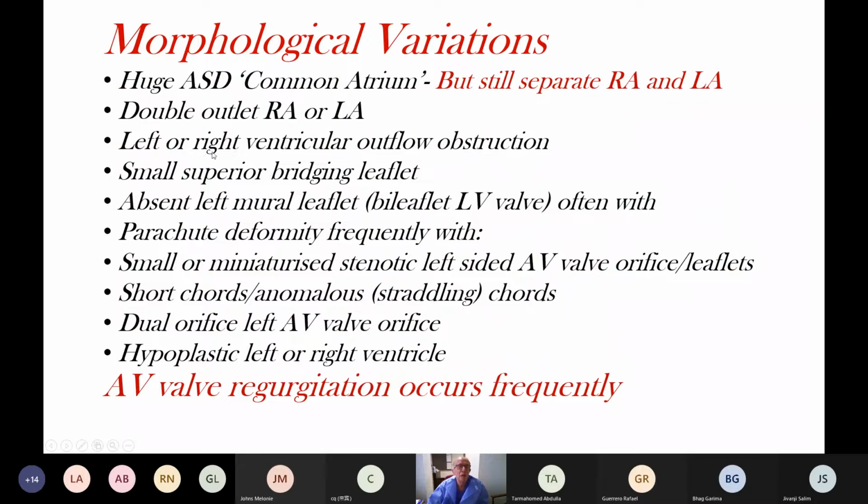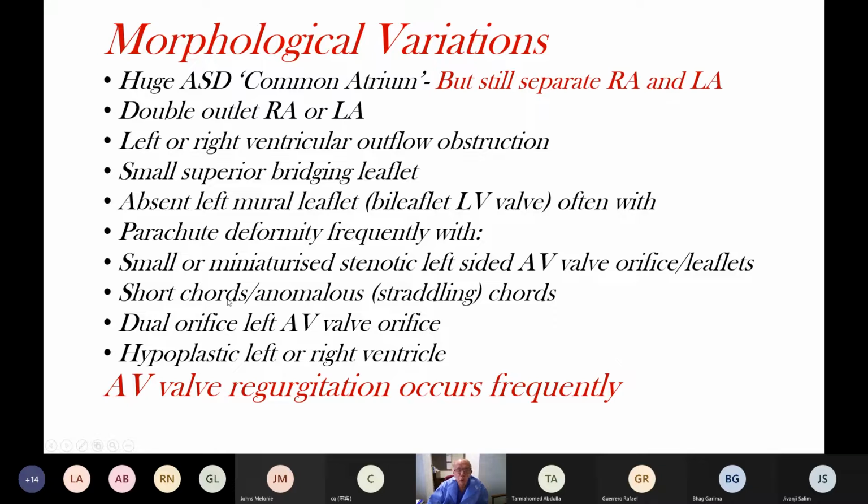You can have left or right ventricular outflow tract obstruction. You could have a small hypoplastic superior bridging leaflet. You can have absence of the left mural leaflet so that you get a bileaflet valve, often with a parachute deformity, frequently with a small or miniaturized stenotic left-sided AV valve orifice.